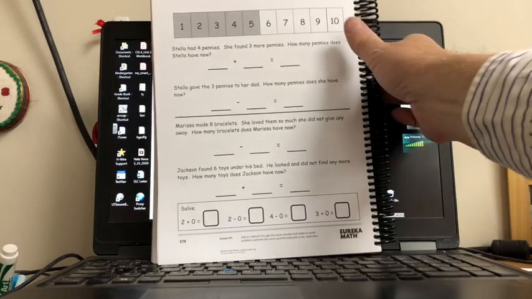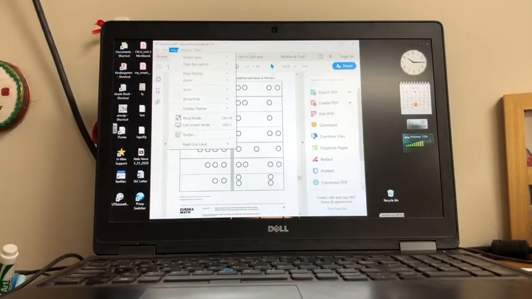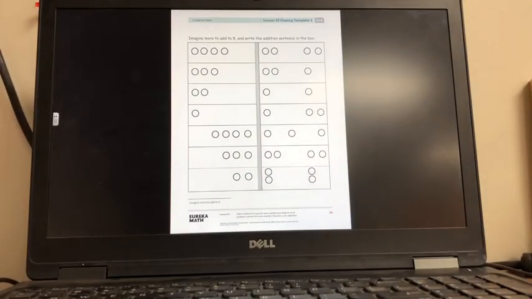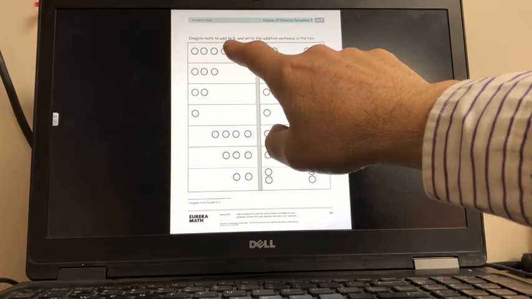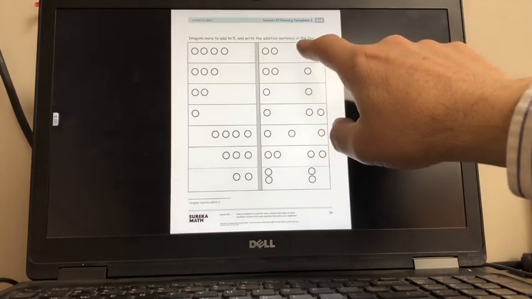All right? Now let's take a look at this worksheet here. It's a little bit tricky. In this fluency worksheet that you're going to work on, it says imagine more to add to 5 and write the addition sentence in the box.